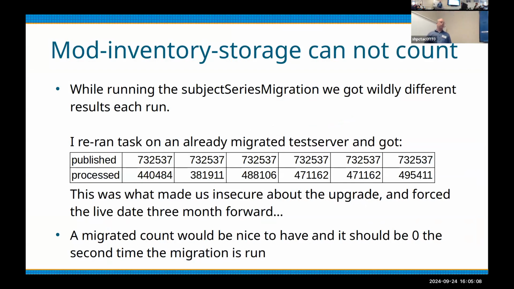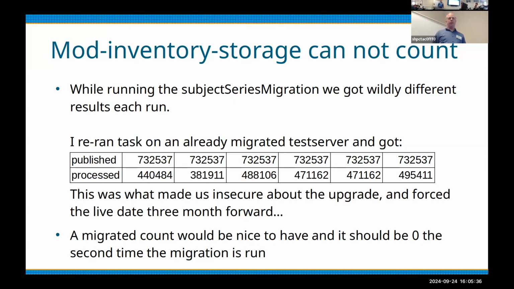One of the first things we found out is about the mod-inventory-storage count. When you do the migration, we get a different count every time we run. I reran the migration on a migrated test server just last week, and it swings by 100,000 items.